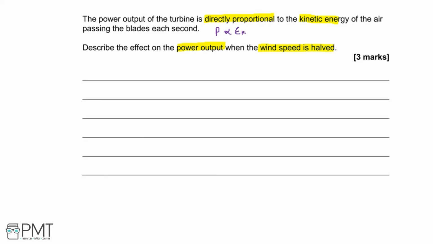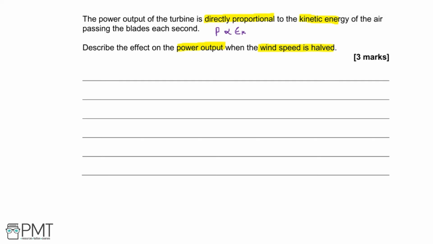So if our power output of the turbine doubles, then the kinetic energy of the air doubles. And if the power halves, for example, then the kinetic energy of the air halves. They change in proportion to each other.